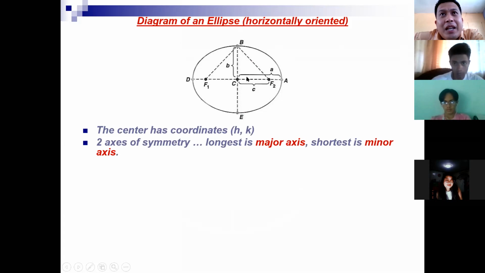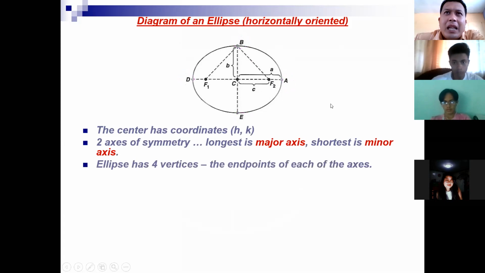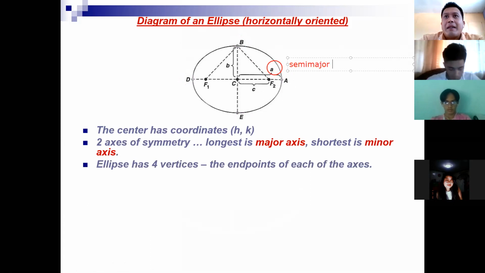In other words, these are what we call as the semi-major axis and the semi-minor axis. Okay? So this A, class, the A itself is known as the semi-major length, or the semi-major axis length.